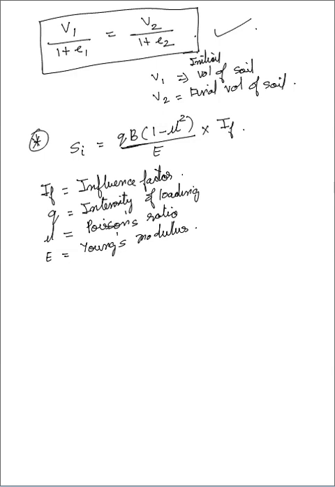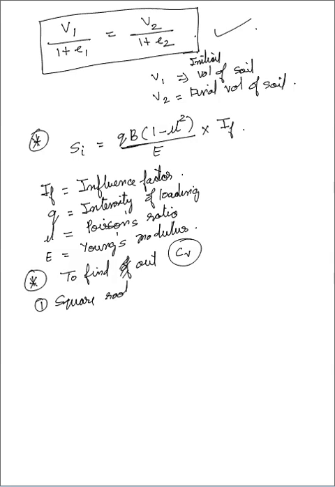Now remember one thing, to find CV, the coefficient of consolidation, we have two methods. One is the square root of time fitting method.